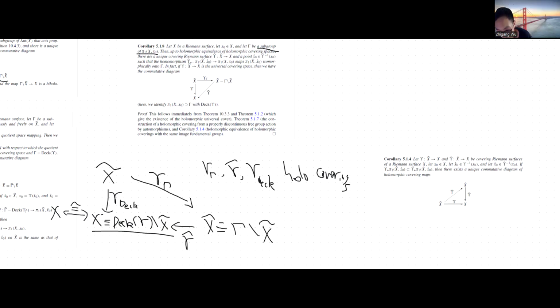Because this X tilde is simply connected, it's a universal covering, so the fundamental group is trivial. Therefore the push forward map is trivially included in the push forward of this map, so you get a unique commutative diagram.